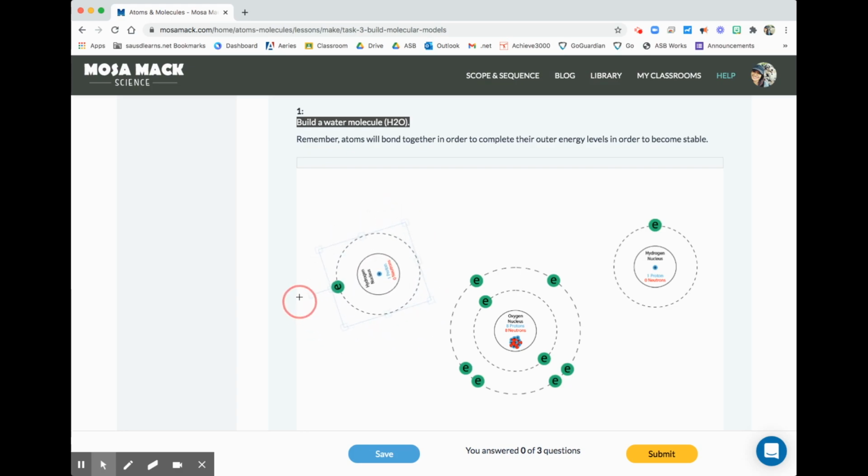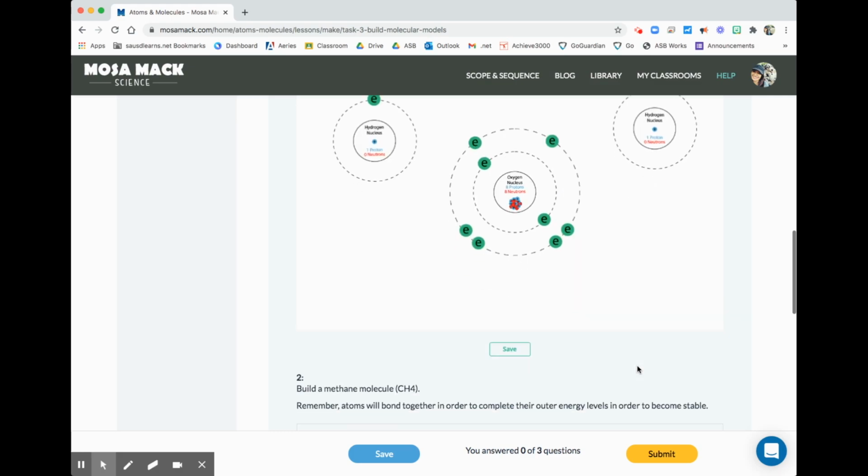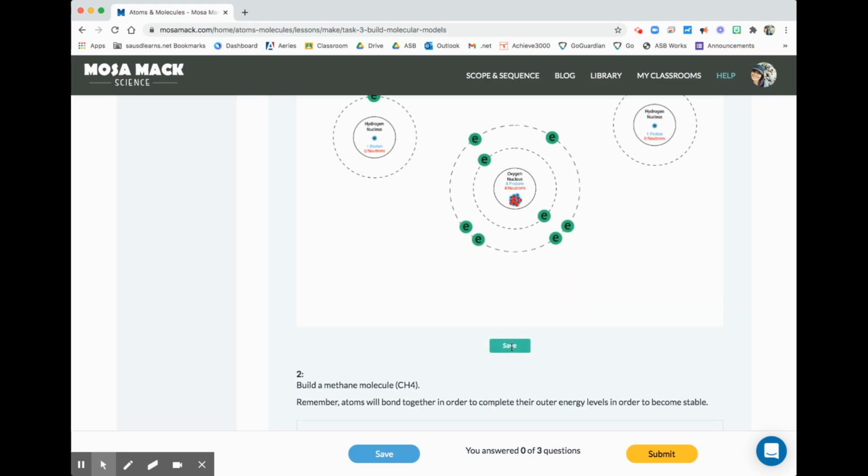You can rotate them whatever angle you need to in order to make your atom fit. You could also rotate the main atom as well. Okay, so go ahead and make your water molecule. When you are done, make sure you hit save.